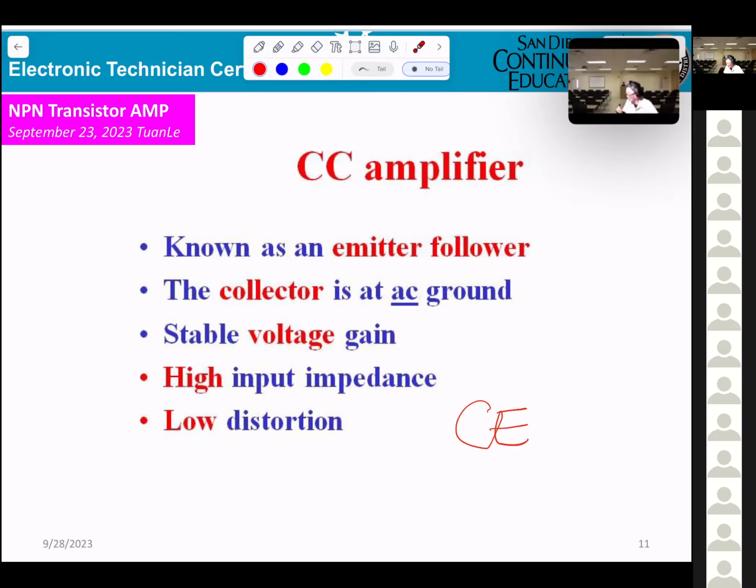Common base, then the base will be AC ground. Next, it has a stable voltage gain, a high input impedance and low distortion. That summarizes the common collector amplifier.